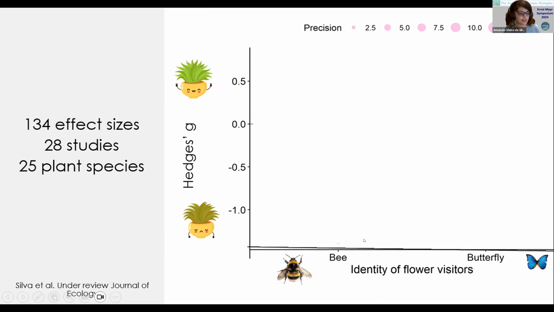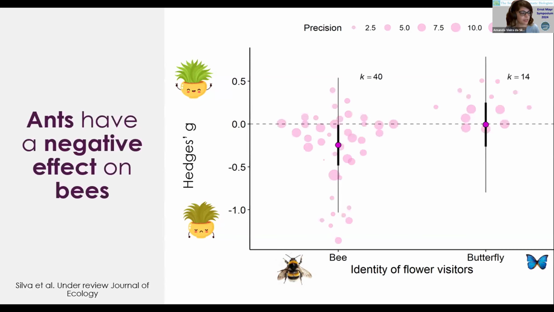So here on the x-axis, I have the effects of ants on bees and butterflies, and on the y-axis, the effect size. The negative values represent the negative effects of ants on bees and butterflies, so a reduction in the number of visits, for instance, and positive values indicate the positive effects of ants on pollinators, for example, more visits.